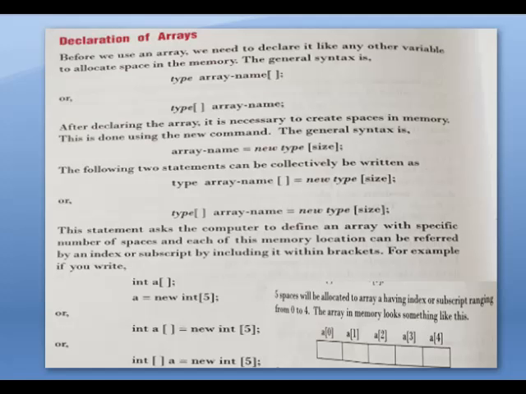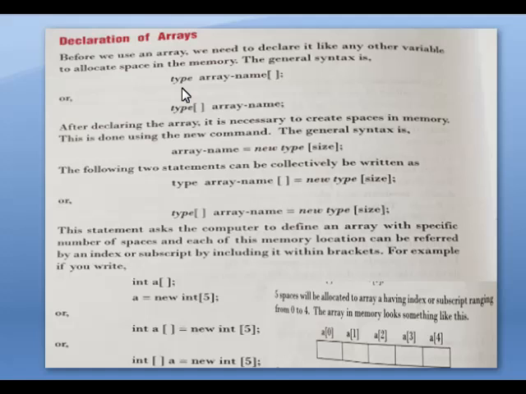Now we are going to see how to initialize the arrays. Before we use an array, we need to declare it like any other variable. So if you want to use an array inside the program, first you have to declare the array. How will you declare the array? The syntax of declaration of the array is type. What is the data type?